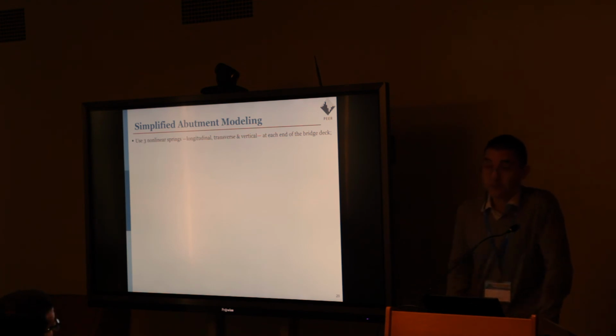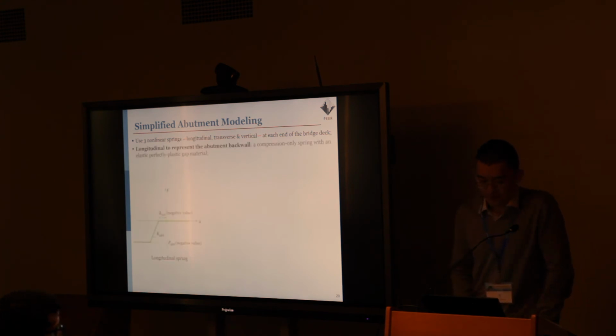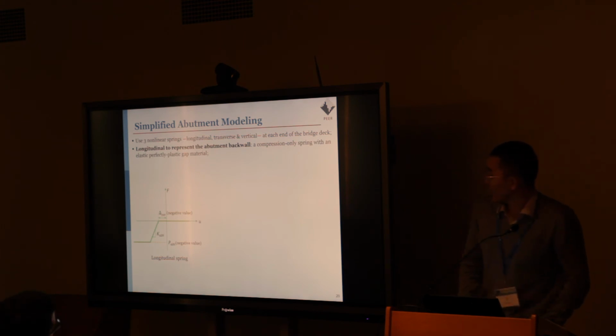So from the previous slide, we use 3 nonlinear springs at each end of the bridge deck. In the longitudinal direction, a compression-only spring with an elastic, perfectly plastic gap material was used to represent the abutment back wall.